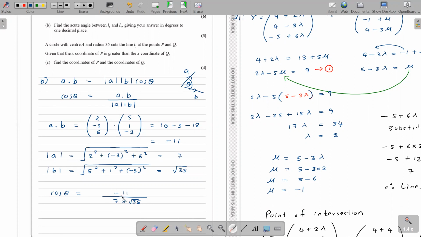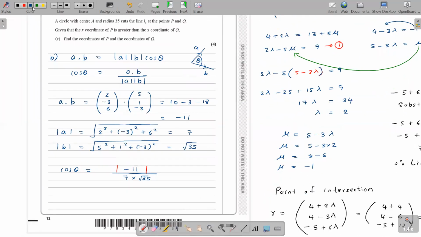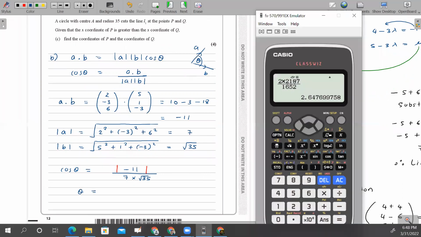Or the other way is that you can directly take the modulus of this, make it positive, and then get the cos inverse, which would directly give you the acute angle. So get cos inverse. Your calculator must be in degree mode, right? They want the answer in degrees. So cos inverse of 11 over 7 times root 35. Are you with me?